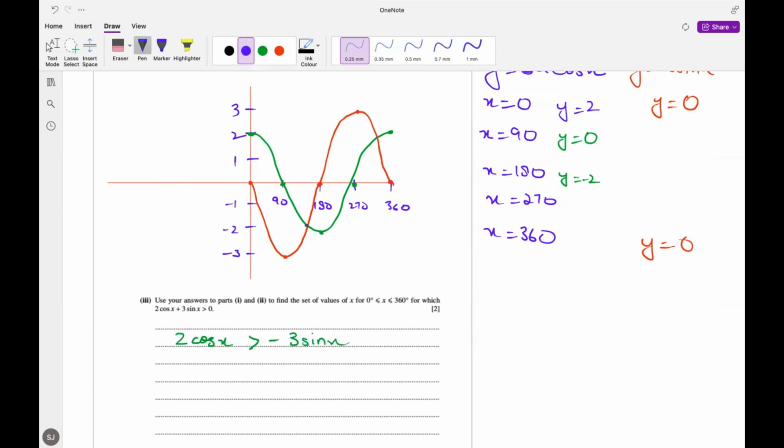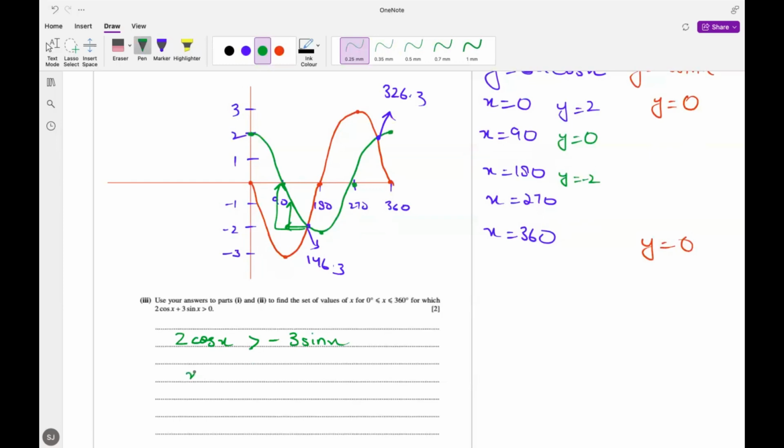We know that these were the points of intersection. The first value was 146.3 and the second value was 326.3. Now for 2 cos of x to be greater than -3 sin of x, if we move backwards from 146.3, for all these values, the cos graph, which is the green graph, is greater than the sine graph.